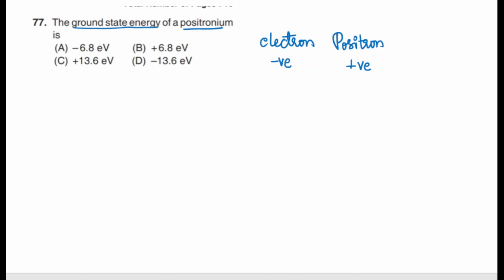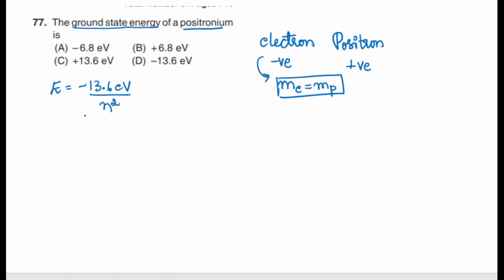These two have the same mass, that is the mass of the electron and the mass of the positron are one and the same. Now, what is the formula for the ground state energy of the hydrogen atom? We know the energy is minus 13.6 electron volt divided by n square.